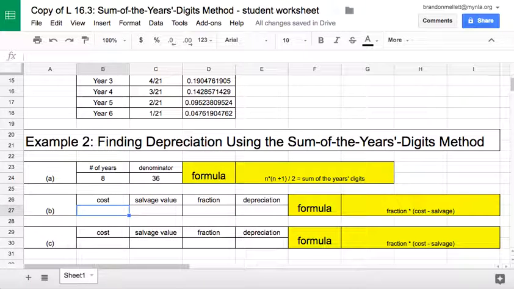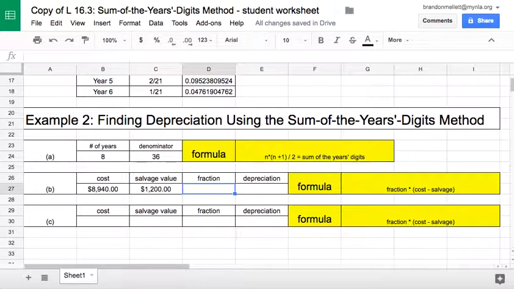Now the cost on this piece of equipment is $8,940. The salvage value is $1,200. And what they're asking for is, what is the amount of depreciation for the first year and the second year? So the fraction we're going to use for the first one is going to be 8 over 36.